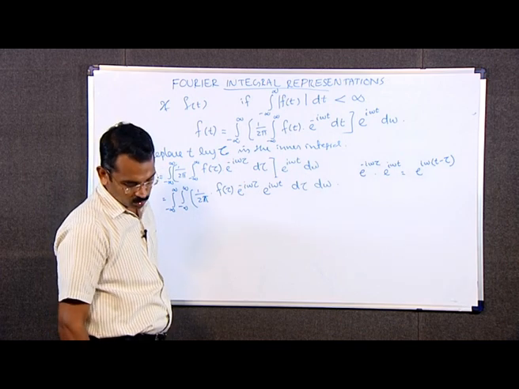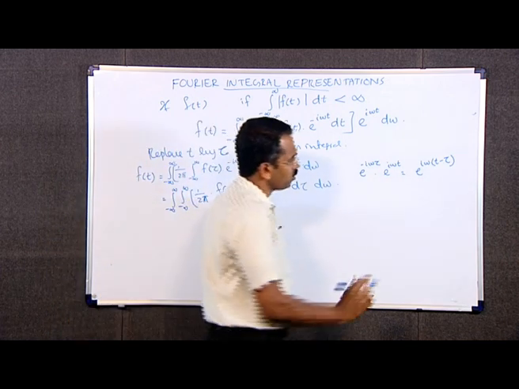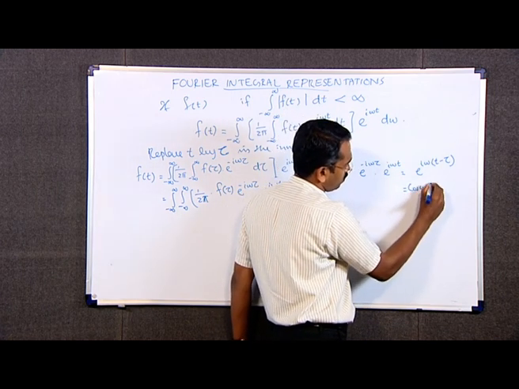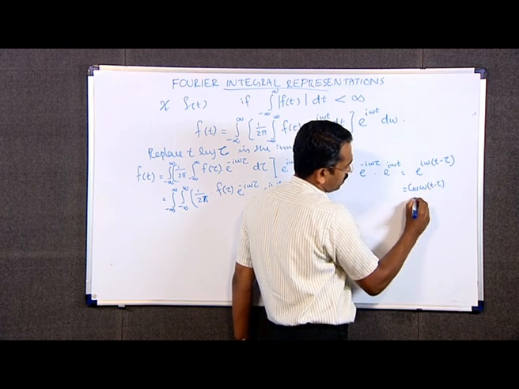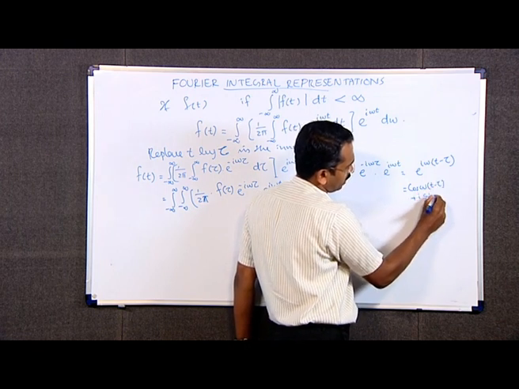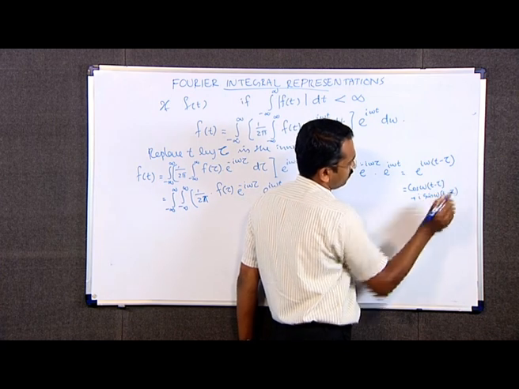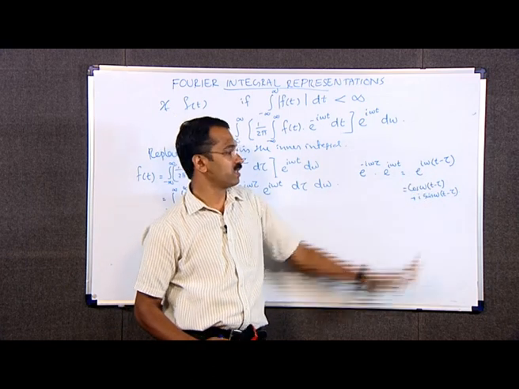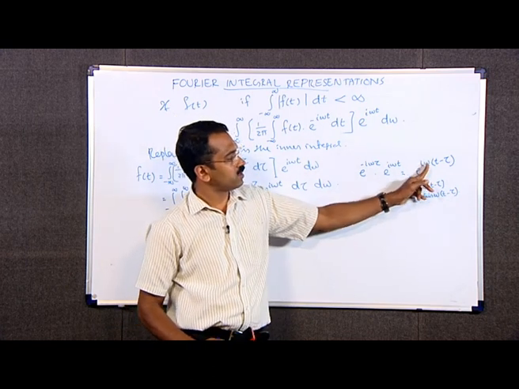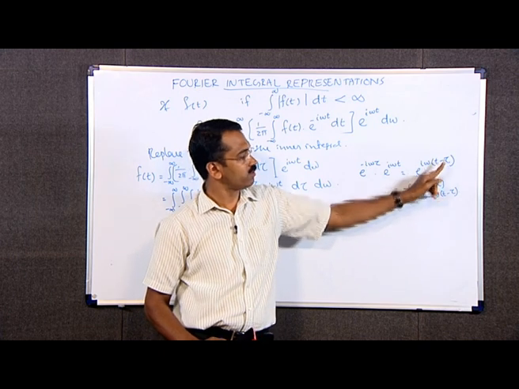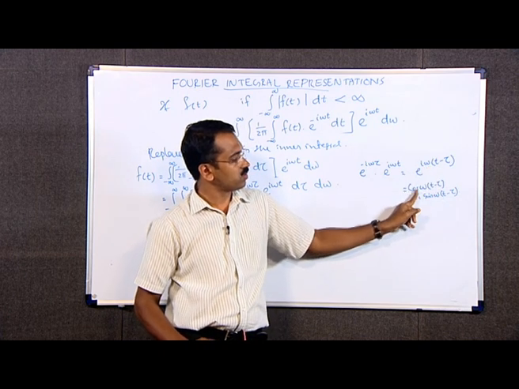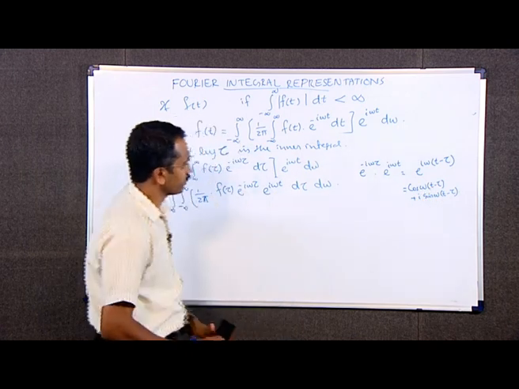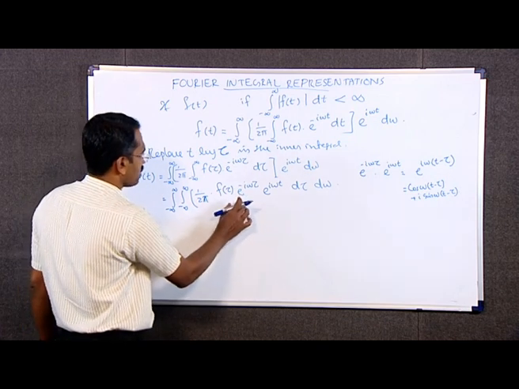That is equal to cos omega into t minus tau plus i into sin omega into t minus tau, because e raised to i theta is cos theta plus i sin theta. Here, instead of theta it is omega into t minus tau. Therefore, this is cos omega into t minus tau plus i into sin omega into t minus tau.